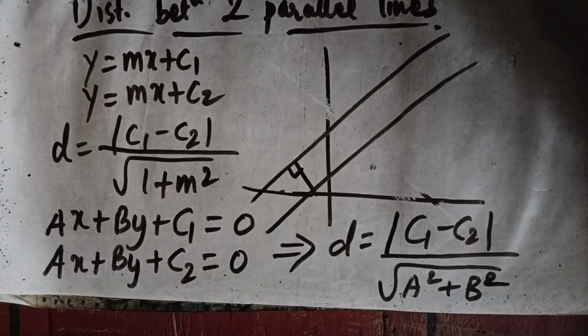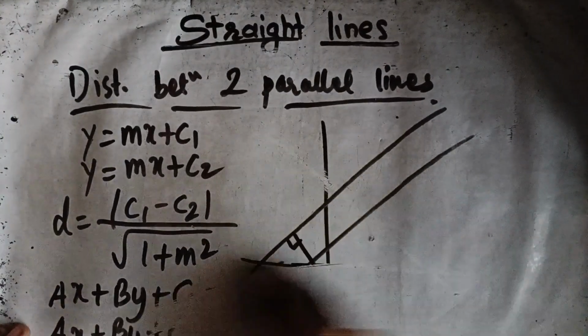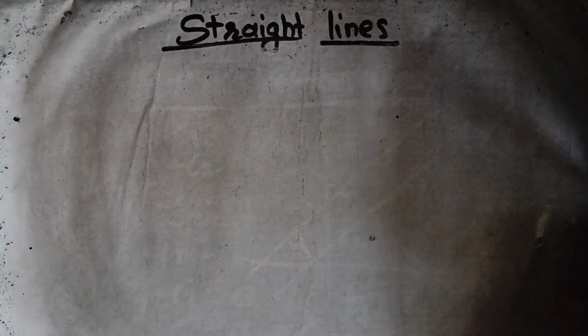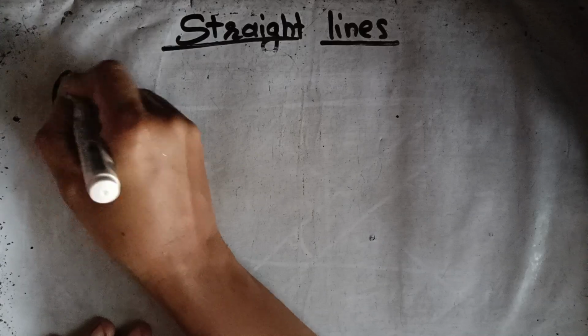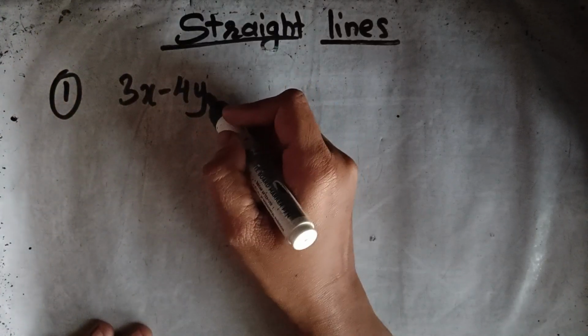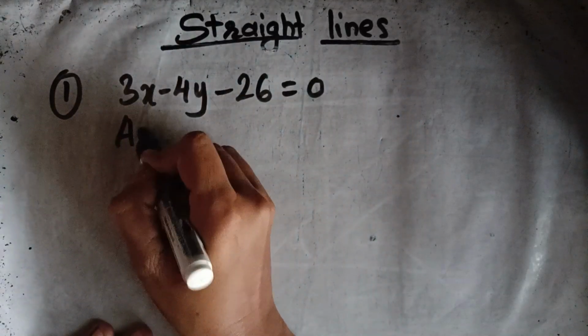So these are the two formulas for the distance between two parallel lines. Let's do one example, which is given in the textbook. Find the distance of the point 3, minus 5 from the line 3x minus 4y minus 26 equal to 0. First you write the general form.